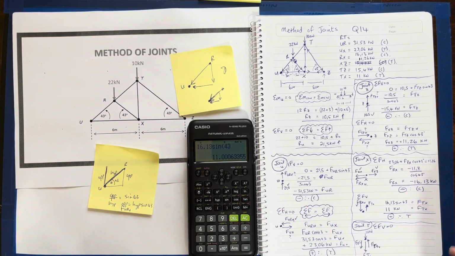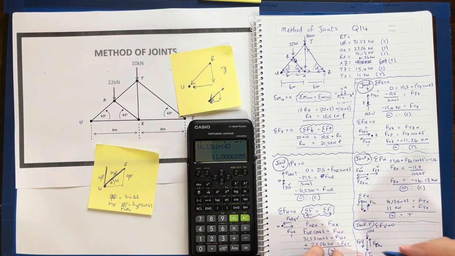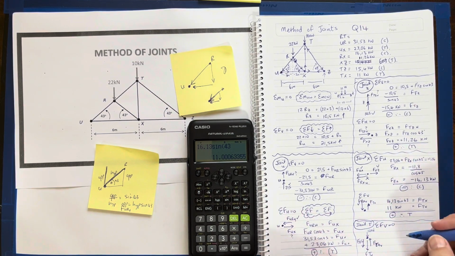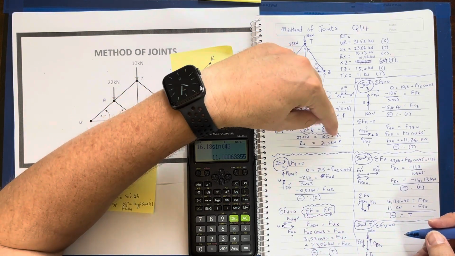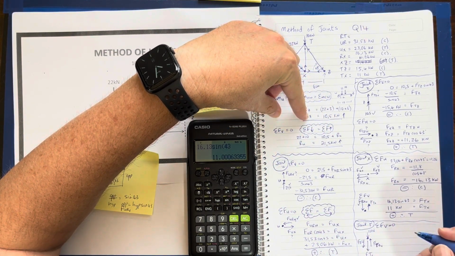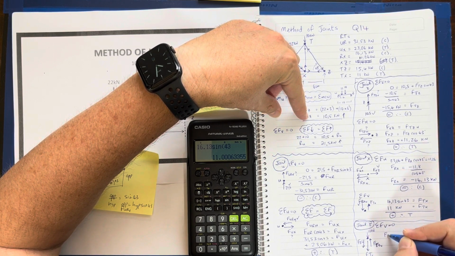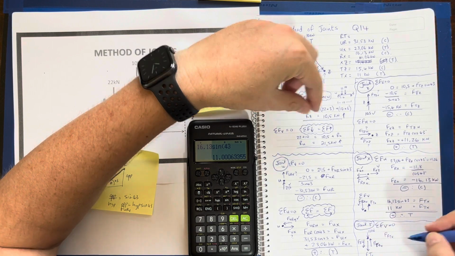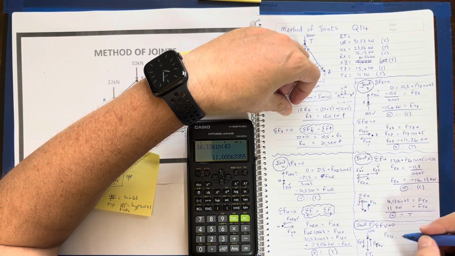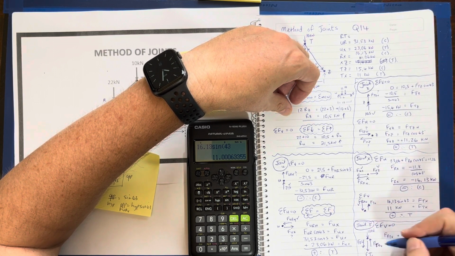So I've got all the equivalent verticals going in whichever directions they are. So I have forces down versus forces up. What forces down do I have? The one I want to find, force RT vertical, which is going down, plus force TX, which is also going down.